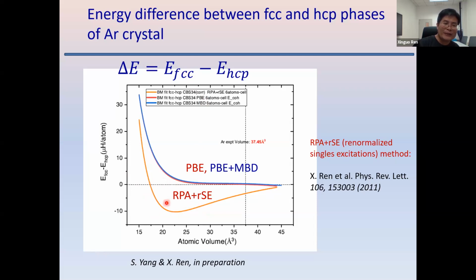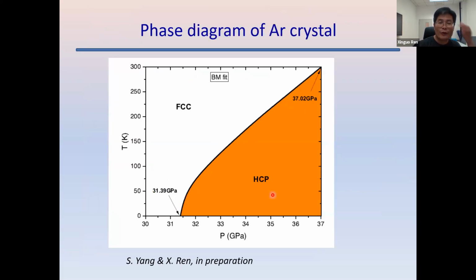But this energy difference is really, really small, so one has to do very highly accurate calculations to see this correct description. Based on that, one can compute a phase diagram of this system.